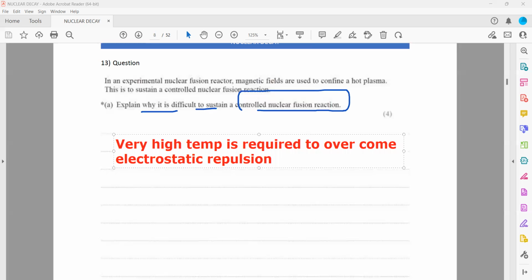Very high temperature is required to overcome the electrostatic repulsion. And second, we need very high density to collide, or to increase the rate of collision.